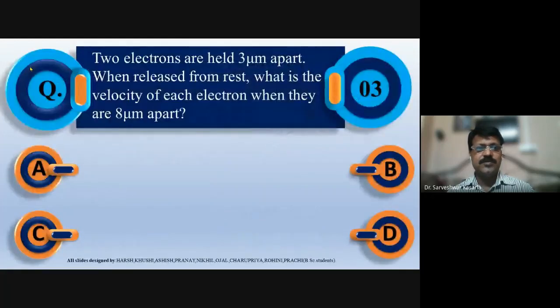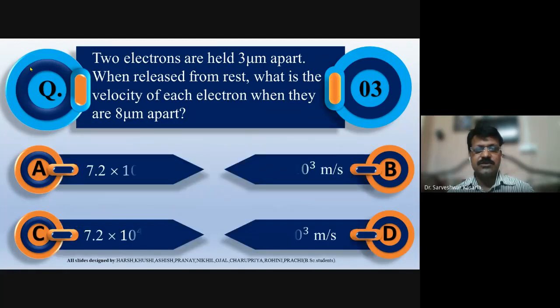Third problem: two electrons are held 3 micrometer apart. When released from rest, what is the velocity of each electron when they are 8 micrometer apart? So here these are the options. You may try that. So initially they are at rest 3 micrometer away, and due to repulsion they move away from each other.